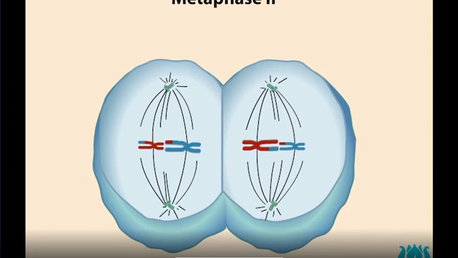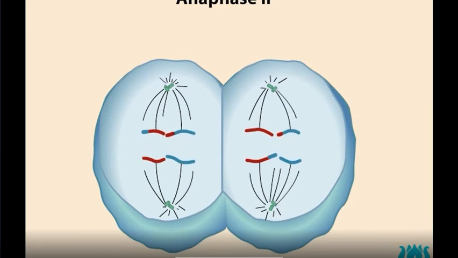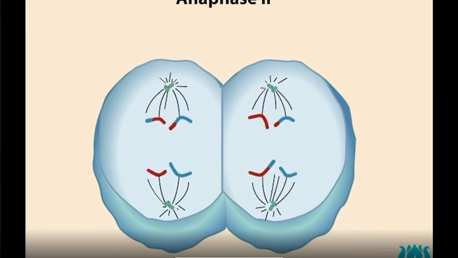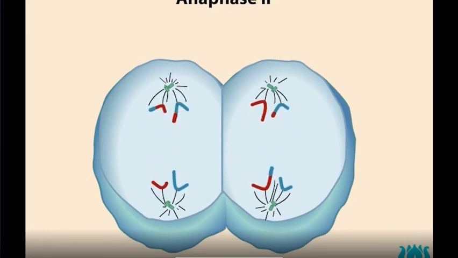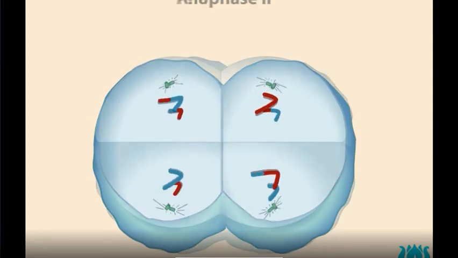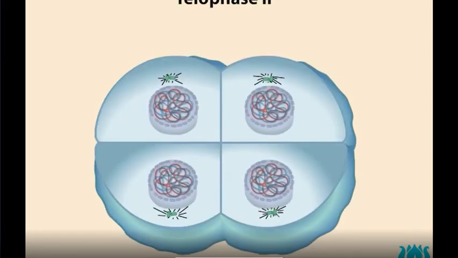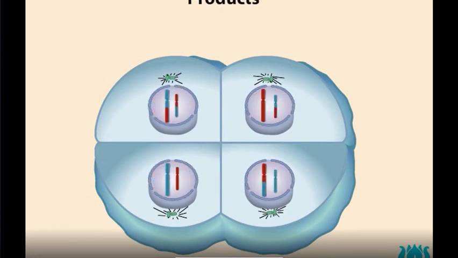Microtubules from opposite poles attach to each sister chromatid of a chromosome. During anaphase 2, the centromeres divide, and both chromatids become independent chromosomes and move to opposite poles of the cell. During telophase 2, chromosomes again decondense and nuclear membranes reform. Depending on the species, cytokinesis may occur.